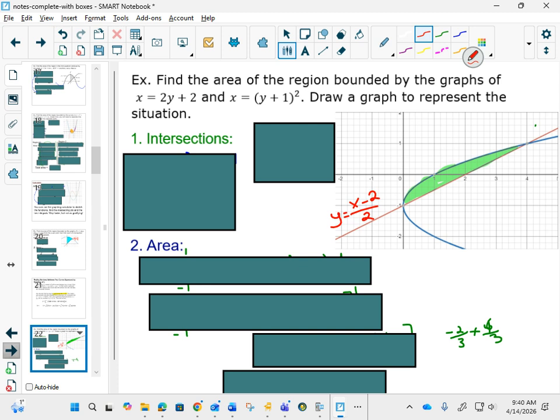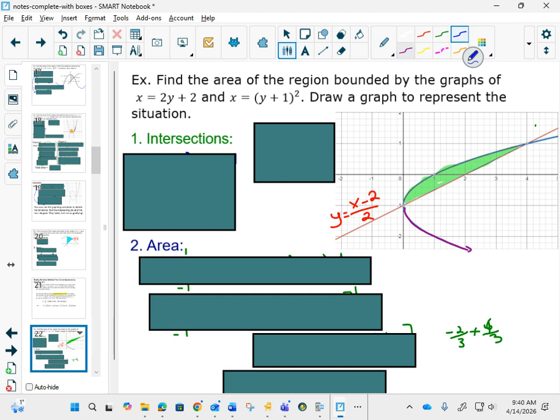The blue one's a little bit trickier. If I wanted to get y by itself, what would I have to do? I'd have to square root both sides. If I square rooted both sides, I get plus or minus the square root of x. In fact, I'm going to color code this. I'm going to make this bottom part purple and keep the top part blue.